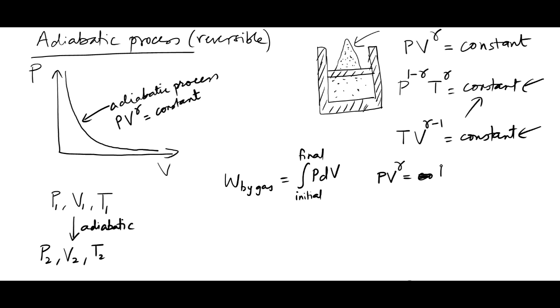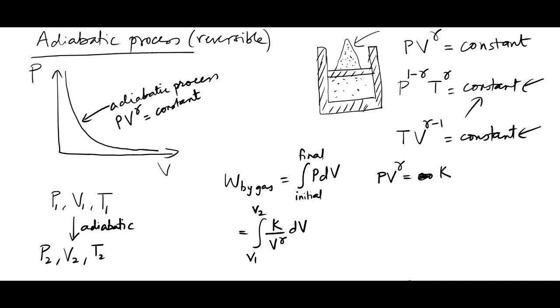Let's call that constant K. And we're going to integrate this by expressing P in terms of V, because we need only one variable over here. So P is K divided by V raised to gamma. I write this equation in that form. Notice how the limits are the initial volume V1 and the final volume V2.